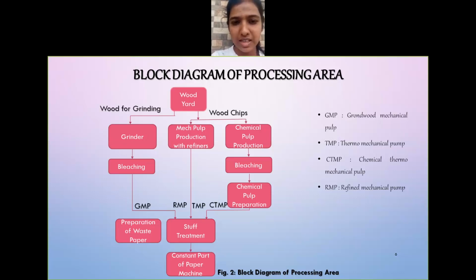GMP implies ground mechanical pulp, which is similar to mechanical pulp production. TMP implies thermomechanical pulp, in which the pulp is heated before it is sent to the refiner. CTMP is a chemical method of obtaining pulp.